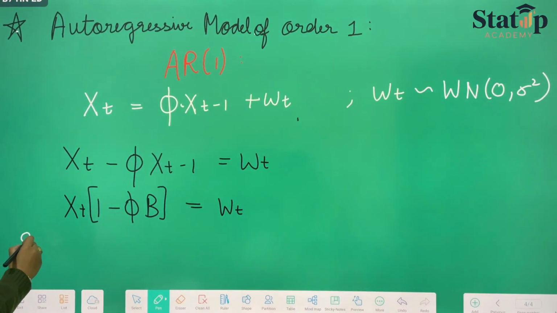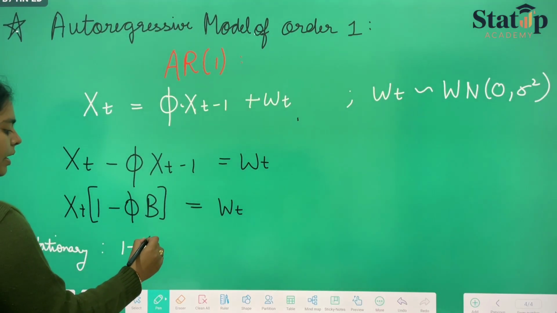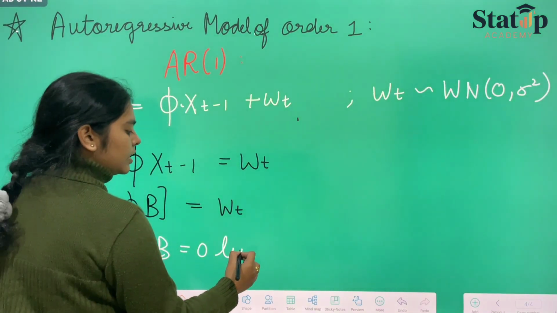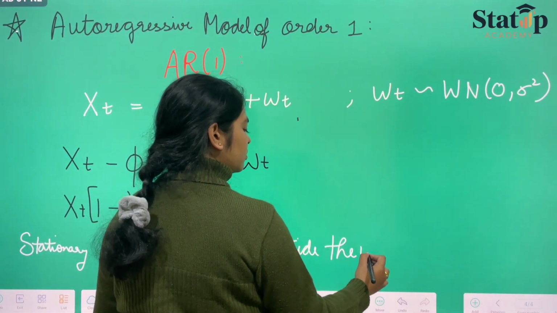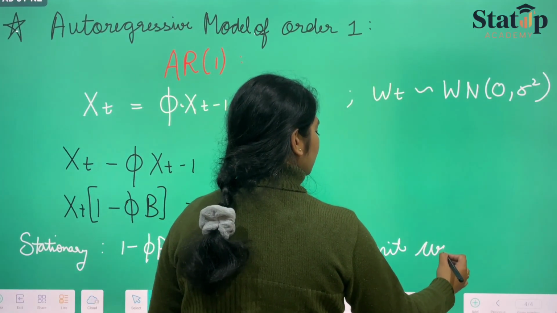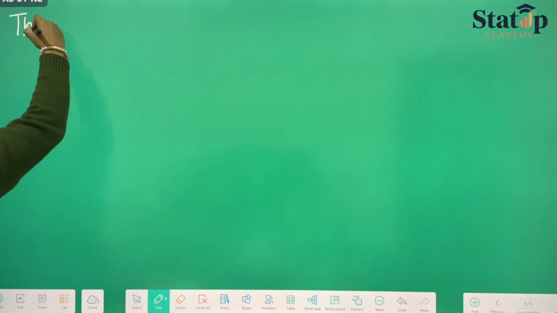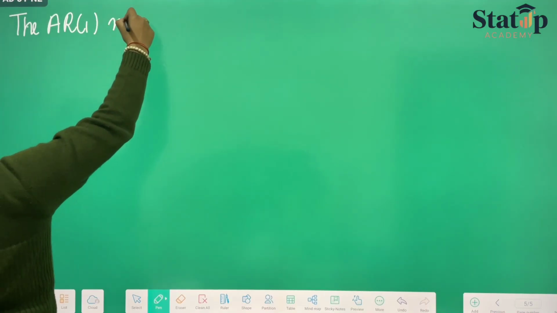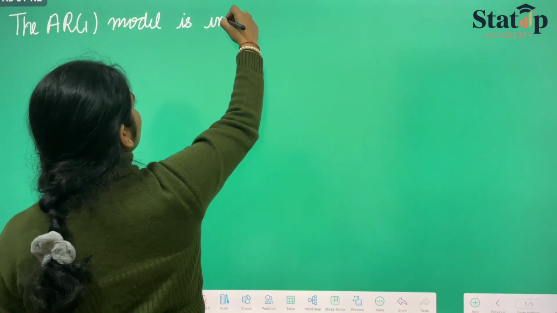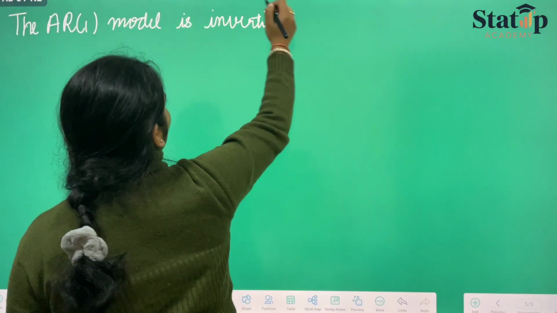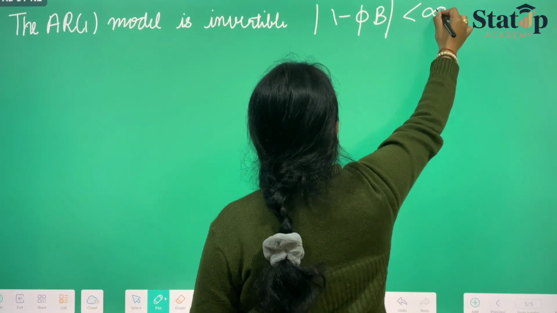So the model will be stationary when the roots of the equation 1 minus phi B equal to 0 lie outside the unit circle, and the AR1 model will be invertible if the modulus of that equation 1 minus phi B is less than infinity.